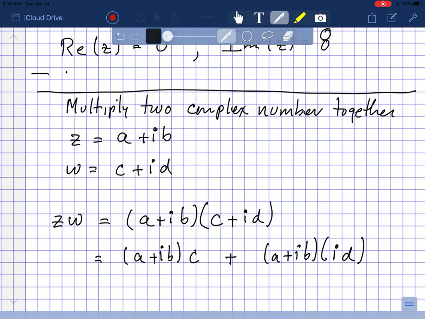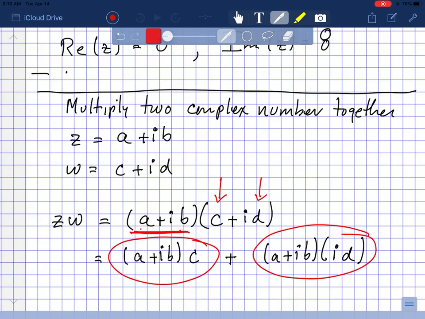Okay, so what did we do? We looked at this factor here times c, that gave us this first term, and then we looked at a plus i times b times i times d, and that gave us the second term here.